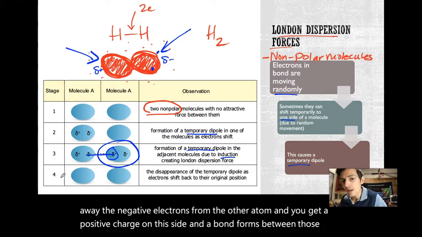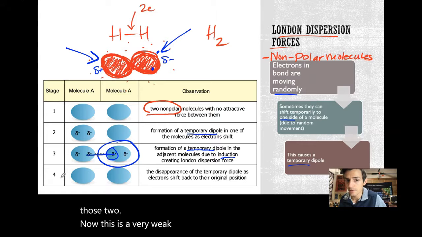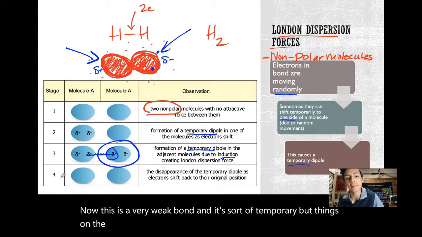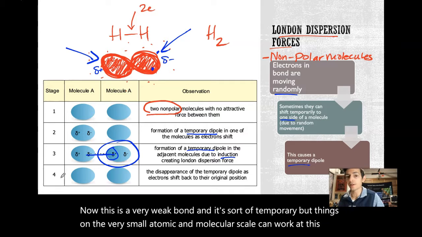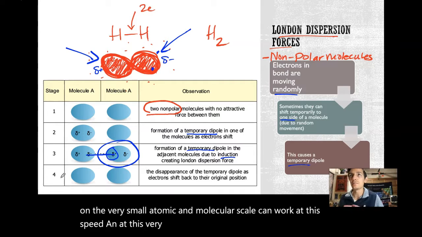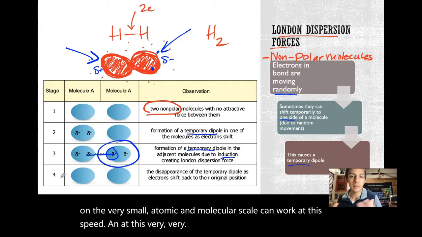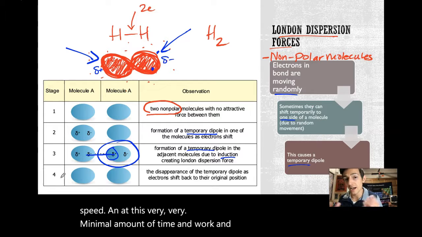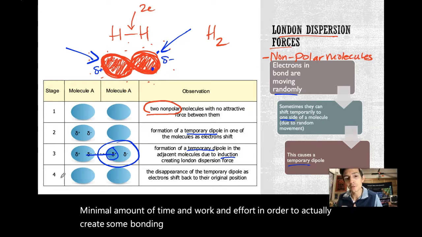Now, this is a very weak bond, and it's sort of temporary, but things on the very small atomic and molecular scale can work at this speed and at this very minimal amount of time and work and effort in order to actually create some bonding force. And what's this force going to do?